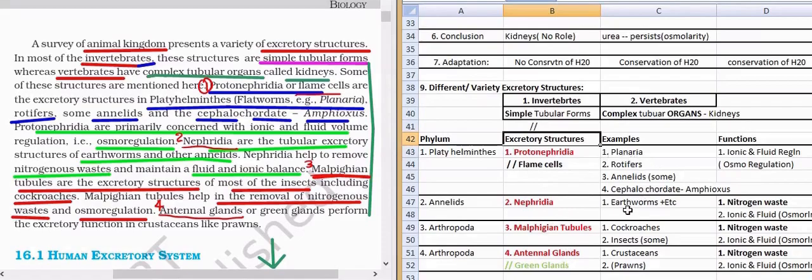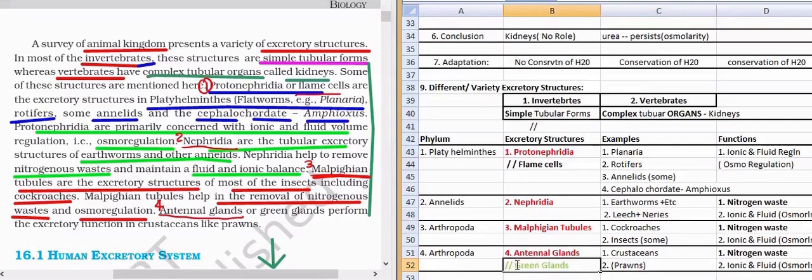Four examples, two and two. Earthworms and another, leech. Then insects like cockroaches, and crustaceans like prawns with antenna glands.